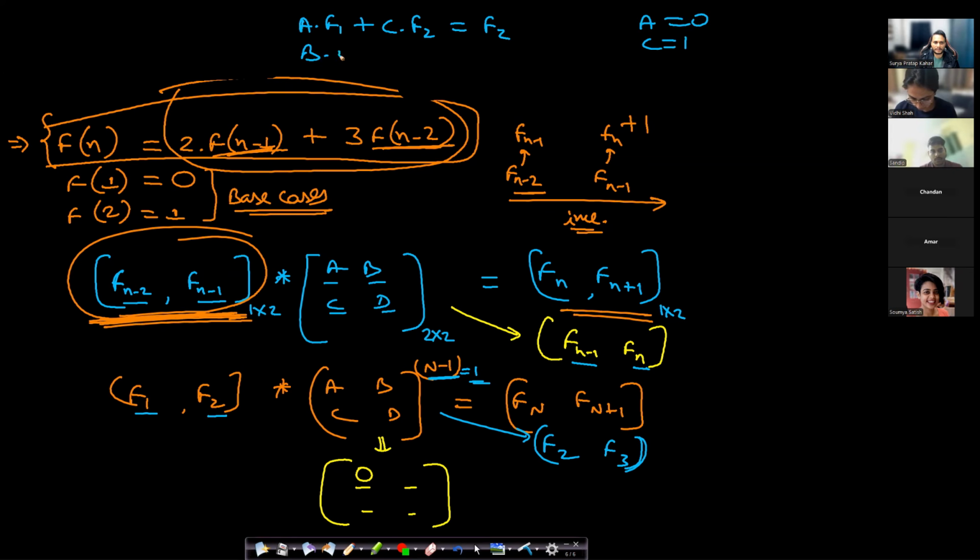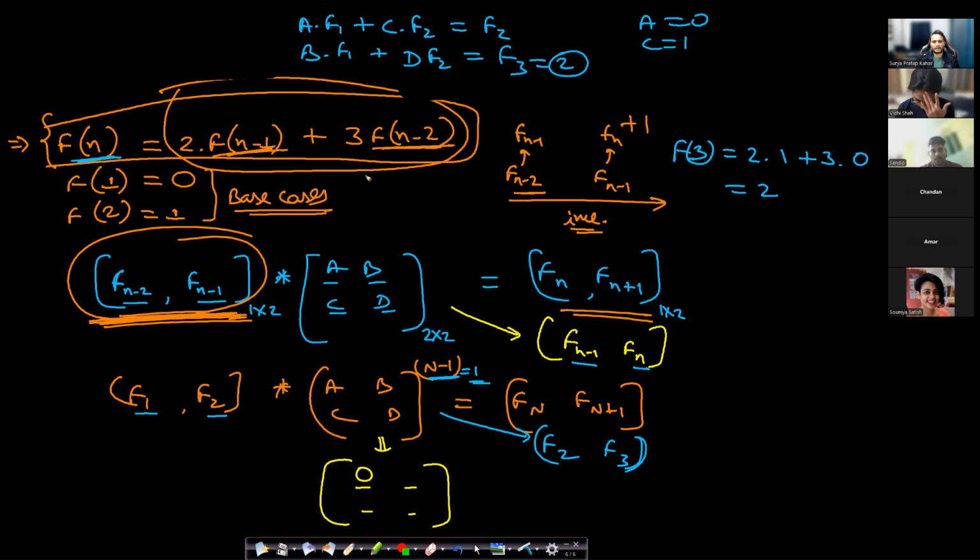Then you have b times f1 plus d times f2 equals f3. So what is f3 here? F3 will be equal to 2 times f2, which is 1, plus 3 times f1, which is 3. So this is equal to 2.